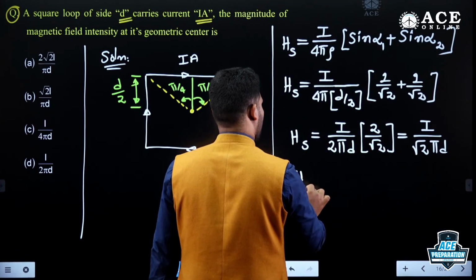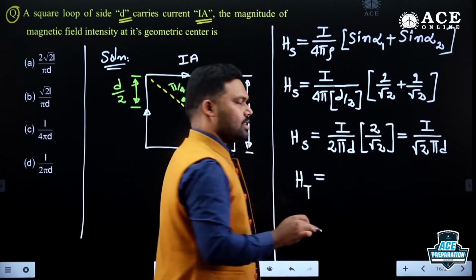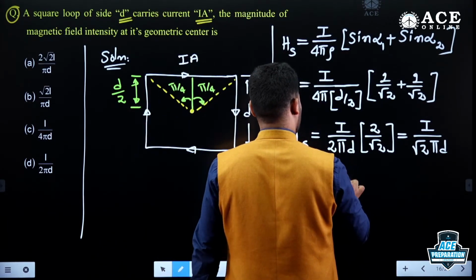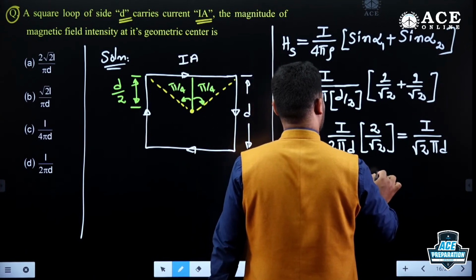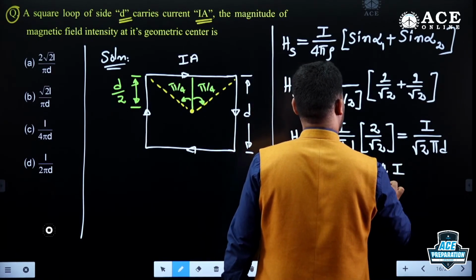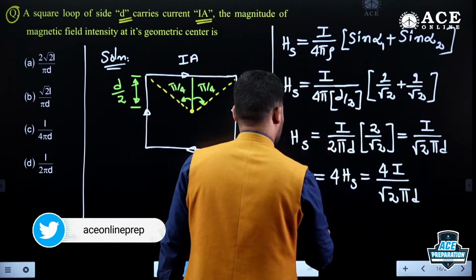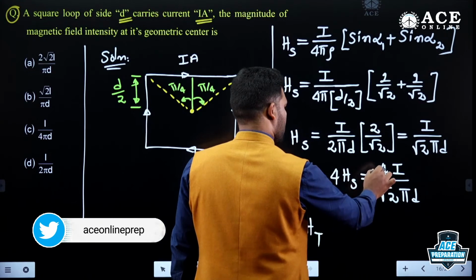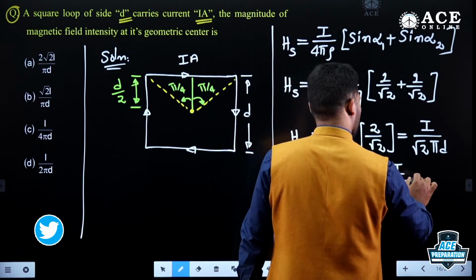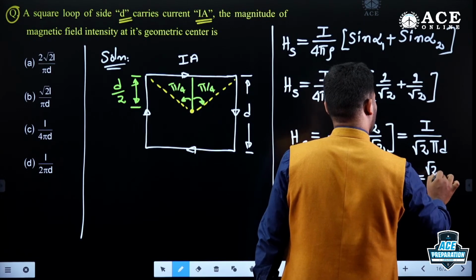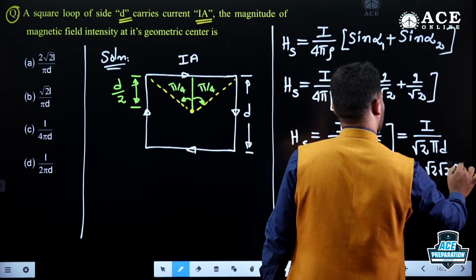So H total, this is the magnetic field due to each section. If you want to find the overall magnetic field due to all the sections, you need to multiply with 4. So here it is 4I by root 2 pi d. This can be written as, 4 can be written as root 2 into root 2 into 2 into I by pi d.